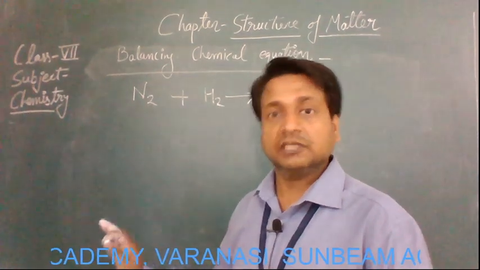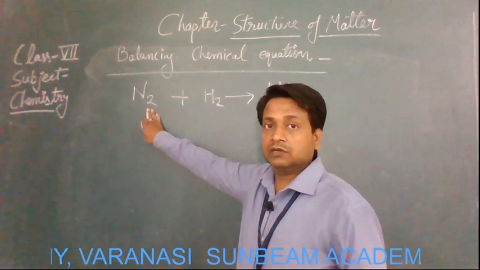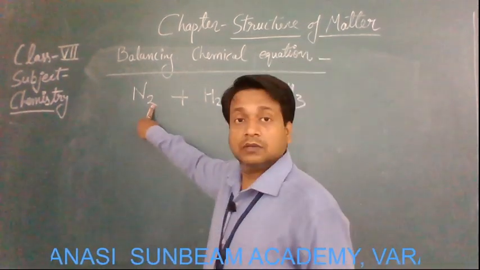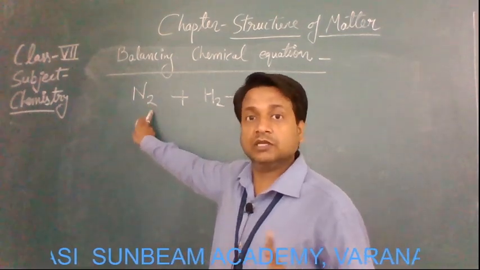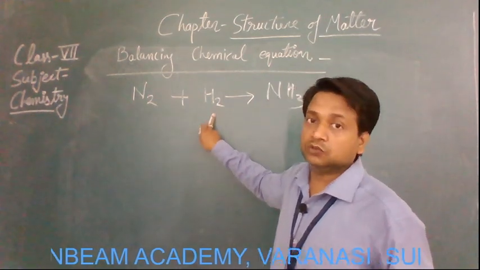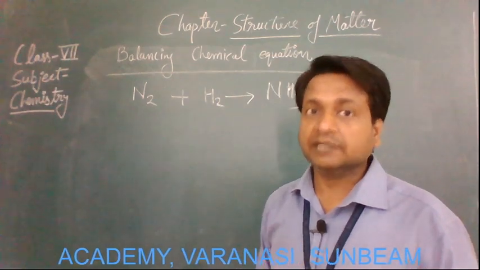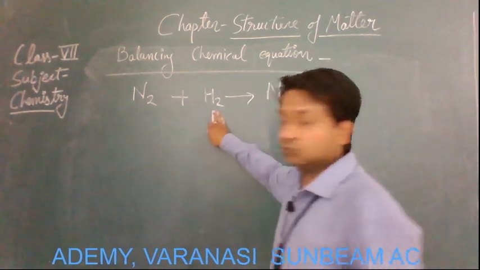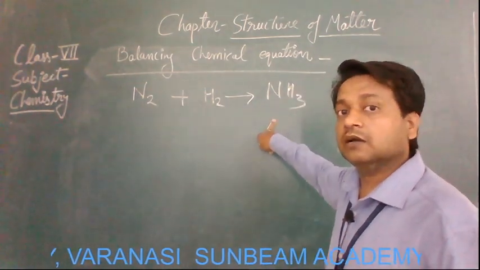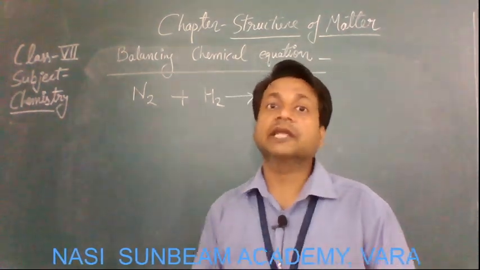The chemical equation is correct in that the nitrogen molecule, as nitrogen is also a diatomic element, so two atoms of nitrogen form one molecule of nitrogen. Hydrogen is also a diatomic element, so two atoms of hydrogen form one molecule of hydrogen. So we can say that nitrogen and hydrogen molecules combine together chemically and form ammonia.